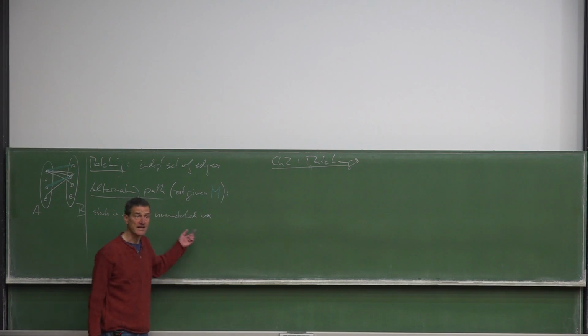So a vertex is unmatched if it's not incident with an edge in M, unmatched with respect to this particular matching here.